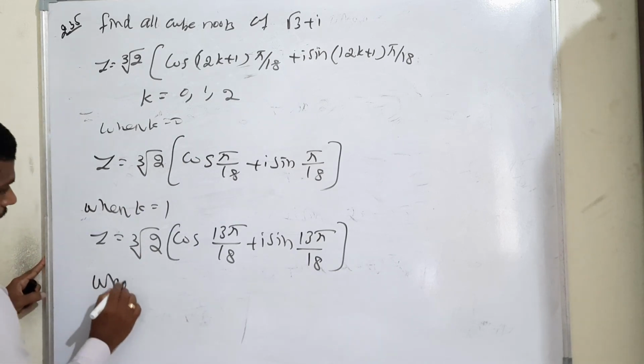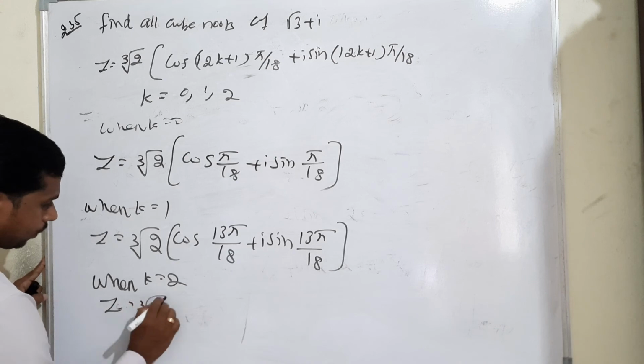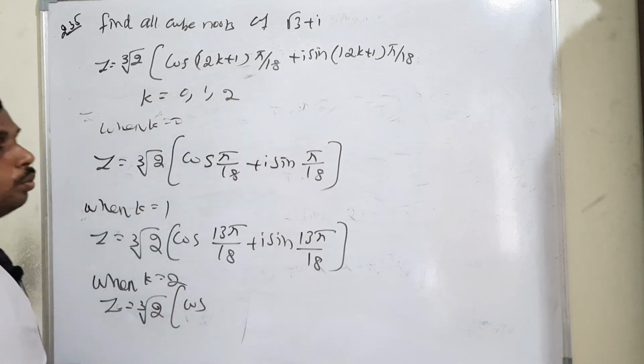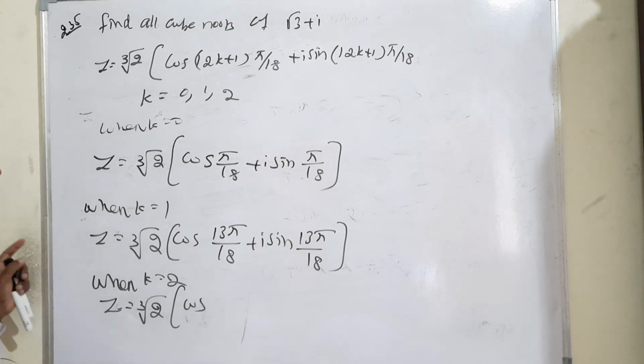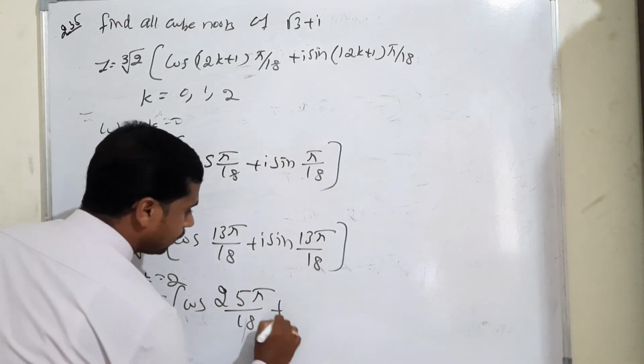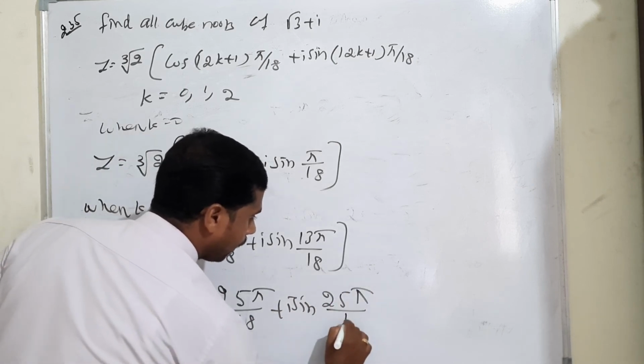Last one, when k is equal to 2, z is equal to cube root of 2, cos of 12 into 2 means 24, 24 plus 1 is equal to 25, so 25 pi by 18 plus i sin 25 pi by 18.